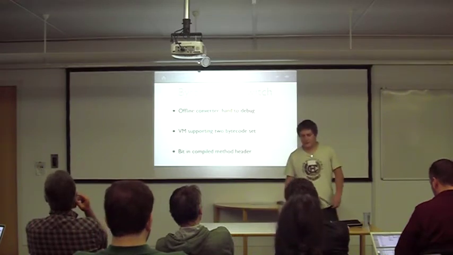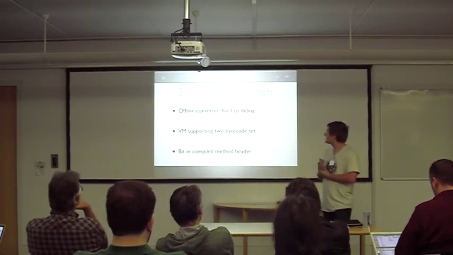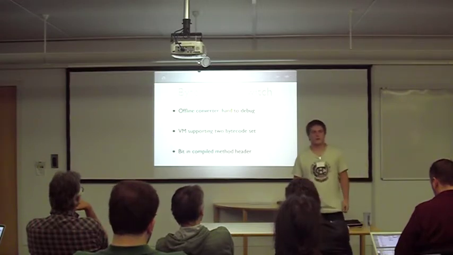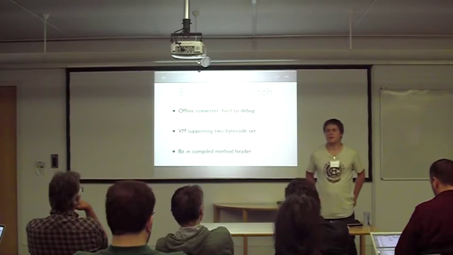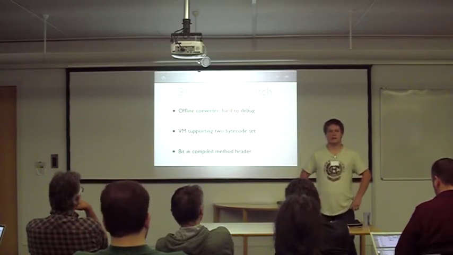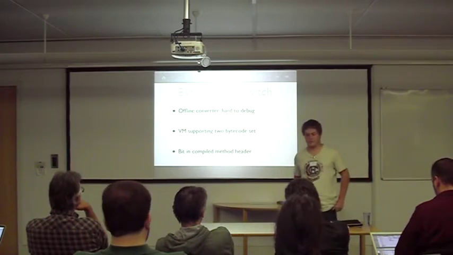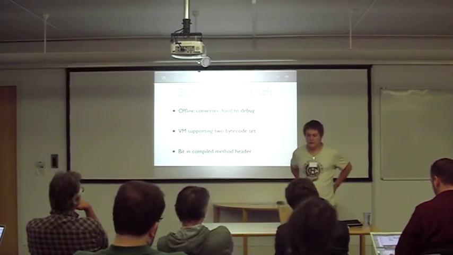The last thing is how to switch from one bytecode set to another. It's possible to convert the image with an offline converter, but it's really difficult to debug, because if you make a mistake, the image will probably crash at startup and you have no clue what's going on. It happens that the Cog VM can support two bytecode sets at the same time.